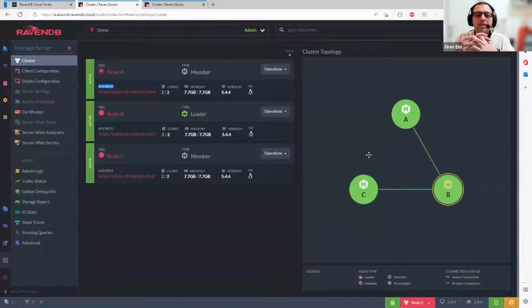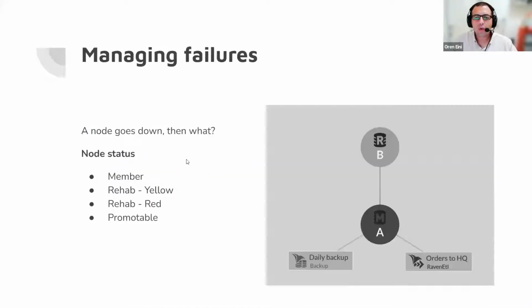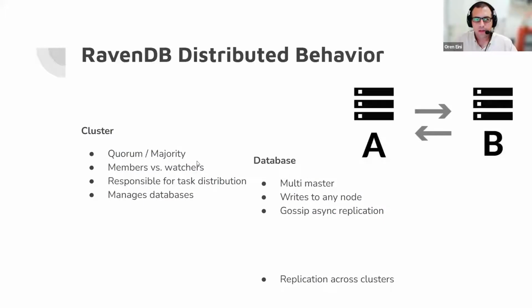As a RavenDB cluster grows beyond a certain size, typically beyond 7 members, we would stop adding members to that. Why is that? Because a cluster requires a majority quorum for all operations. If I have 7 members, then the majority quorum is 4.